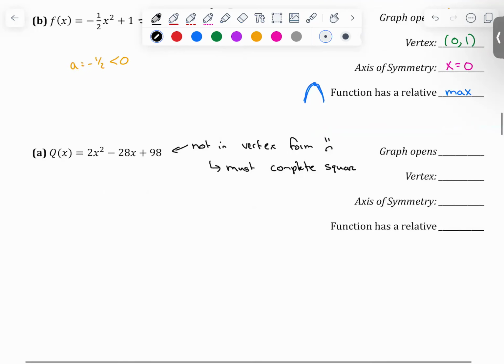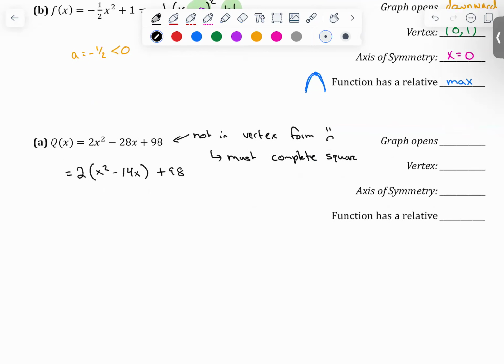So I'm going to factor out the a term from the first two terms. So that's 2 times x squared minus 14x, and then plus the 98. We don't have to worry about that. And then half the b term squared: half of negative 14 is negative 7. Square that, that's 49.